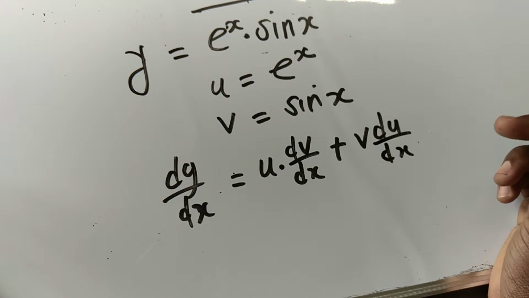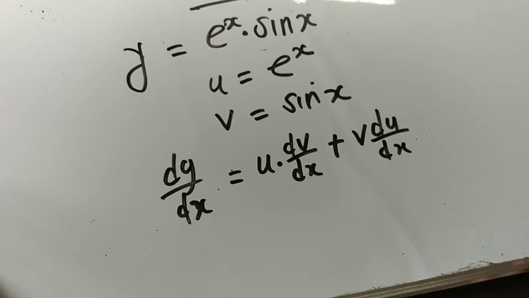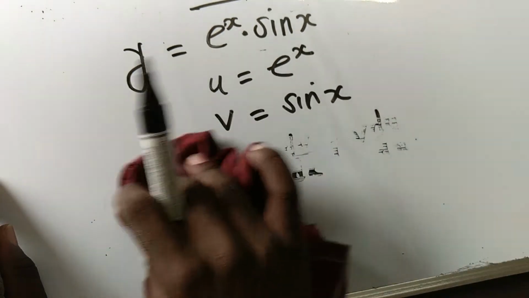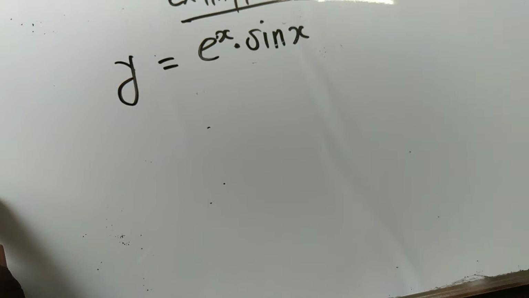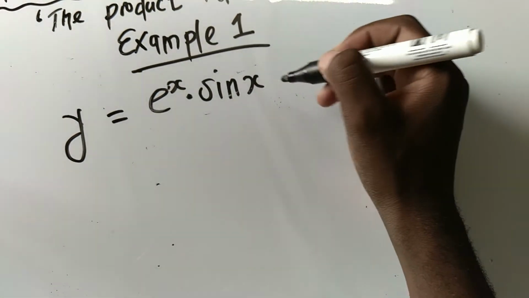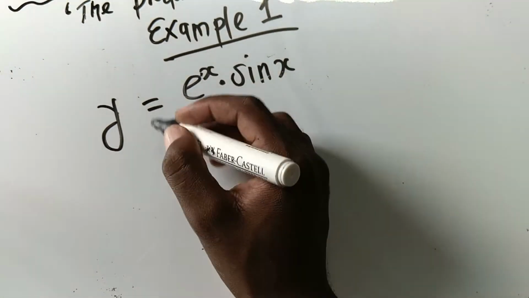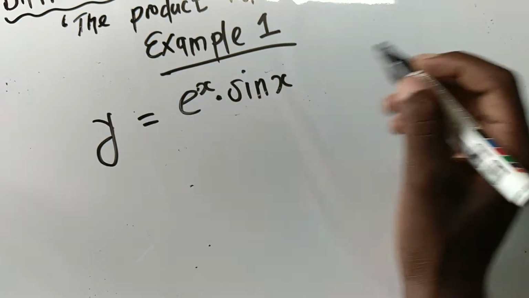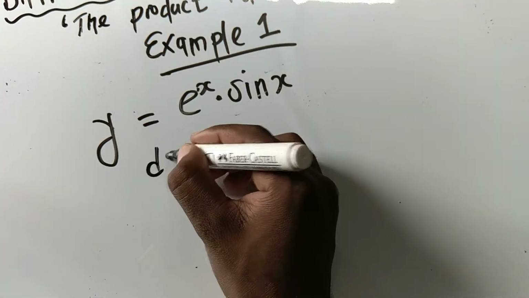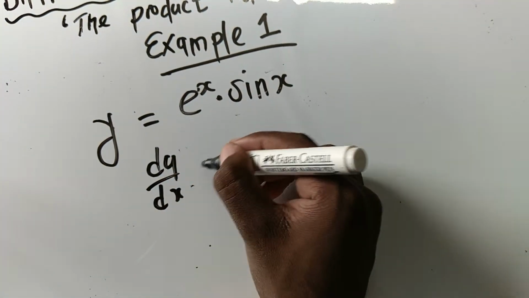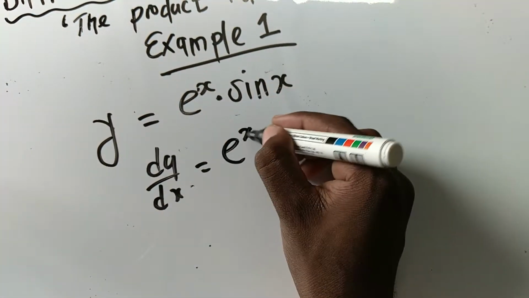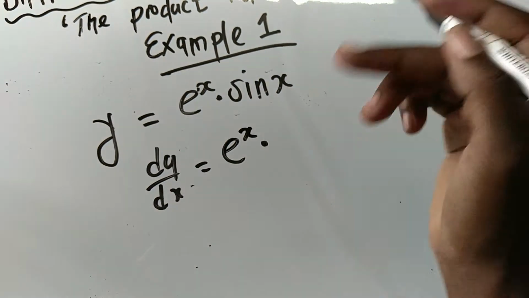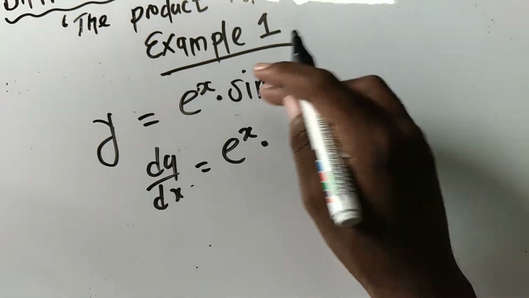So what is the solution to this problem? Our u is e to the power x and our v is sine x. So dy dx is equal to, keeping the first function constant, e to the power x, multiplied by differentiating the second function, which is sine x.